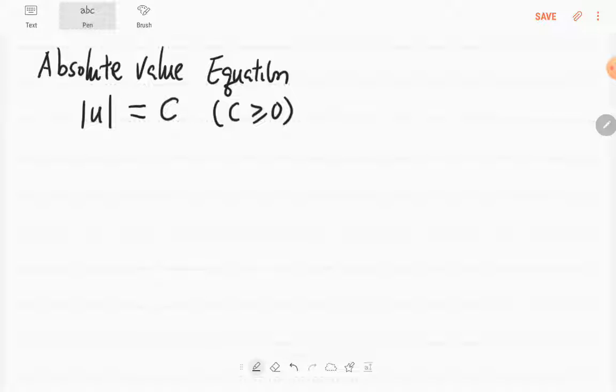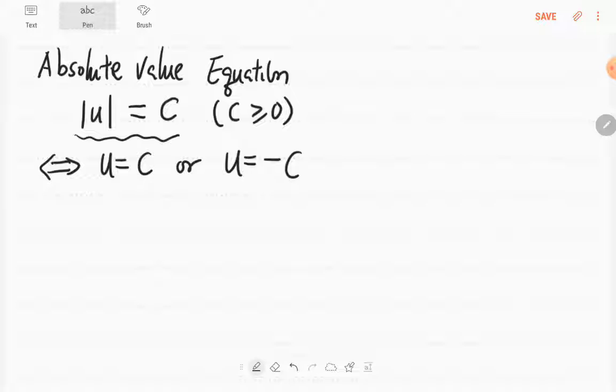When you solve the absolute value equation, the first thing you need to do is get rid of the absolute value sign. You have to put it in this kind of form. Then you can do that, because that means this is equivalent to saying that u equals c or u equals negative c, right?